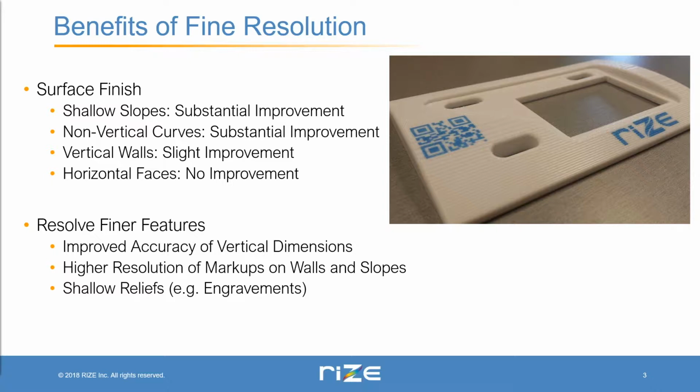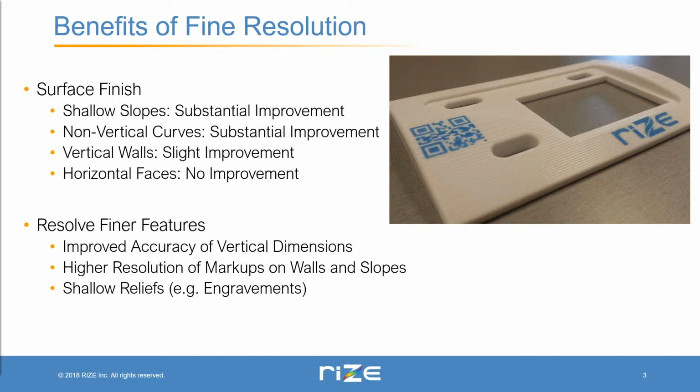And finally, something that fine resolution can help with is to better define shallow reliefs. An example of this would be engravements. So similar to the vertical dimensions that can be aided in this regard, if you have a small depression on the surface of a part, particularly a top or bottom surface, then if that depression is shallow enough, it may not even show up during slicing.